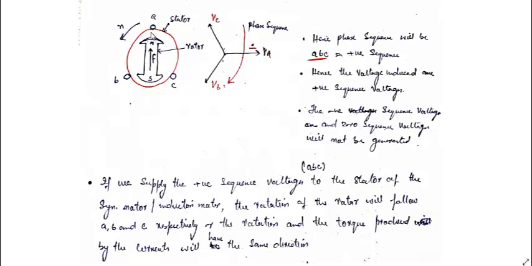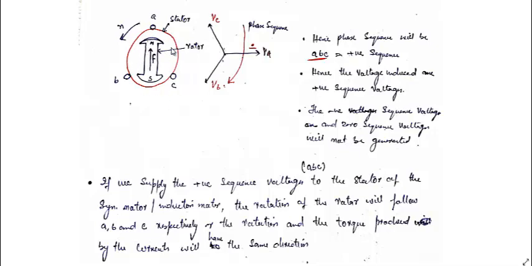In that case, the phase sequence will be ACB, but this is not the case in a synchronous machine, because since the rotation is in this direction, first peak will occur for A, and then for B, and then for C. So if the direction is reversed, we would have a negative phase sequence, but we don't have that here.